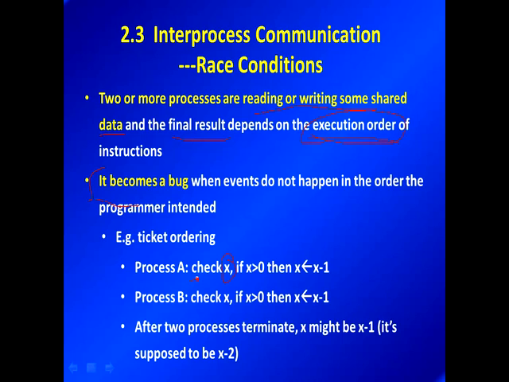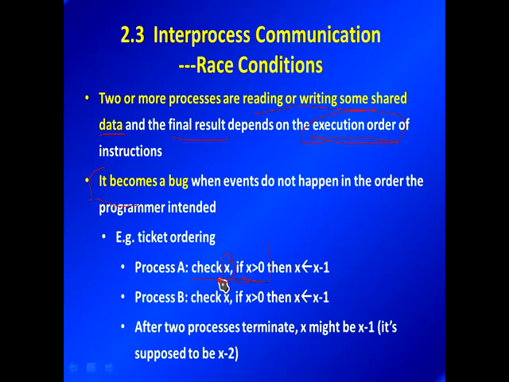First, we suppose process A checks X, and it will judge if X is greater than 0, right? So after this instruction is executed, the X on the server is 3, right? In the beginning, X is 3.